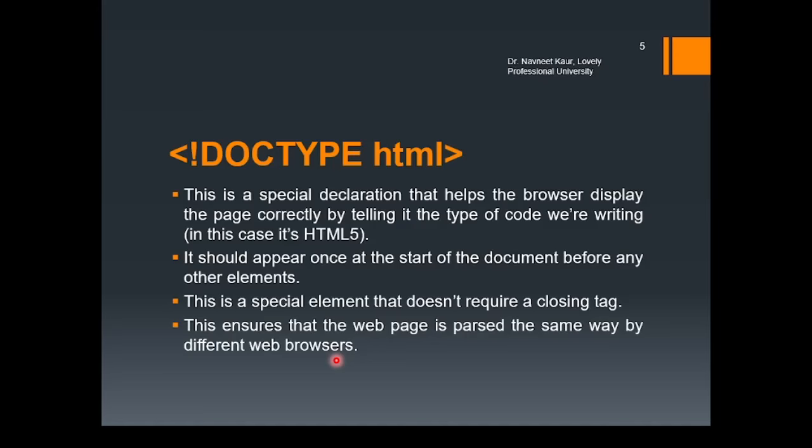So your browser has to parse your web page in a certain way. If you're not using doctype HTML, the possibility is there that your web page may not be interpreted the right way by different browsers. So this is how a doctype HTML tag looks like.